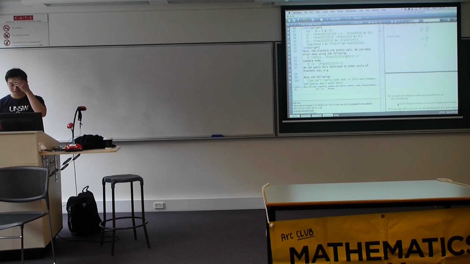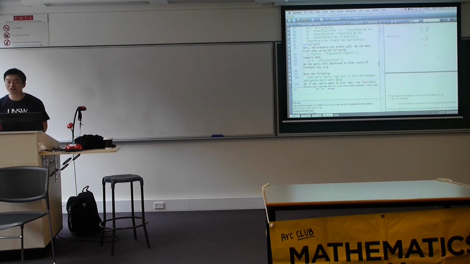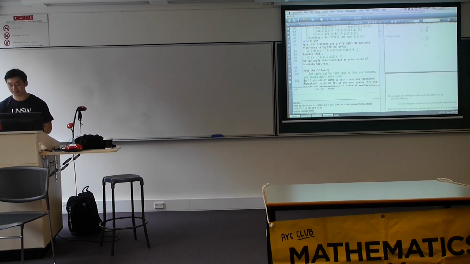So if you really want to type text in your math environment, what you can use is the text command. So say I want to apply this within it. I put all the text I want within the curly braces. I now get it all in text.